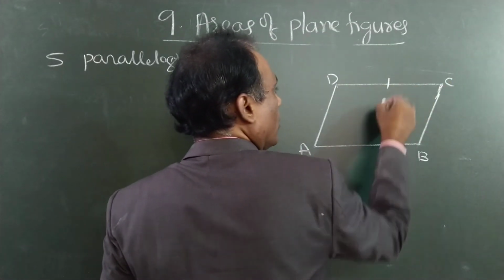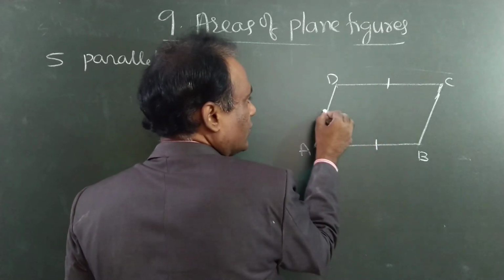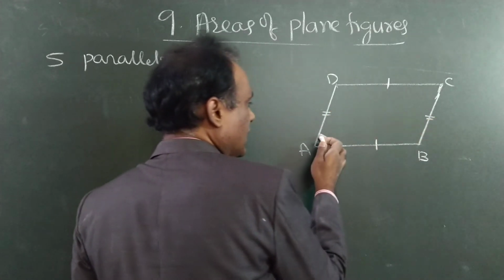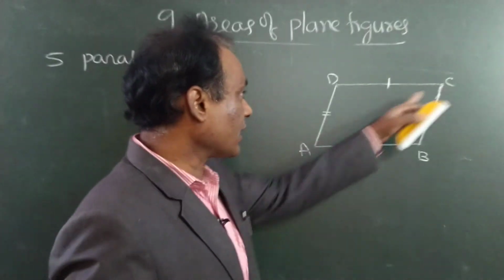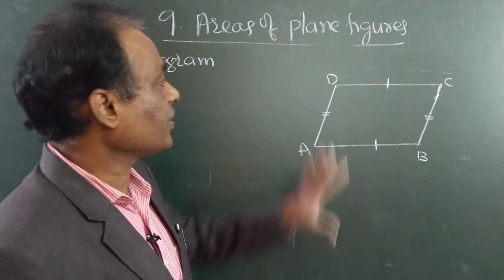Here also opposite sides are equal. This is equal to this, and this is equal to this. Here the angle is not 90 degrees and the diagonals are also not equal. So this is a parallelogram.